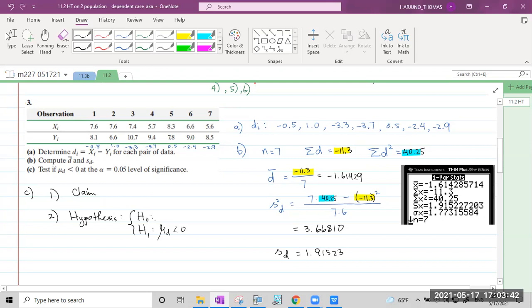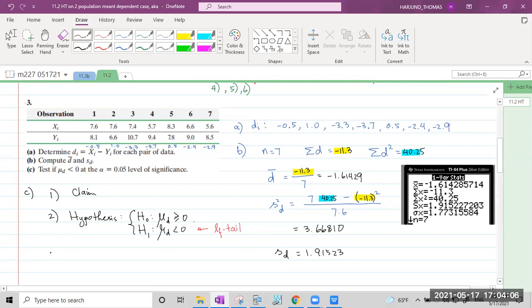Null hypothesis, mu d is greater or equals to 0, or you can also say equals to 0, that is okay. There's no claim, but we know it's left tail. That's what I want to write. That's left tail.